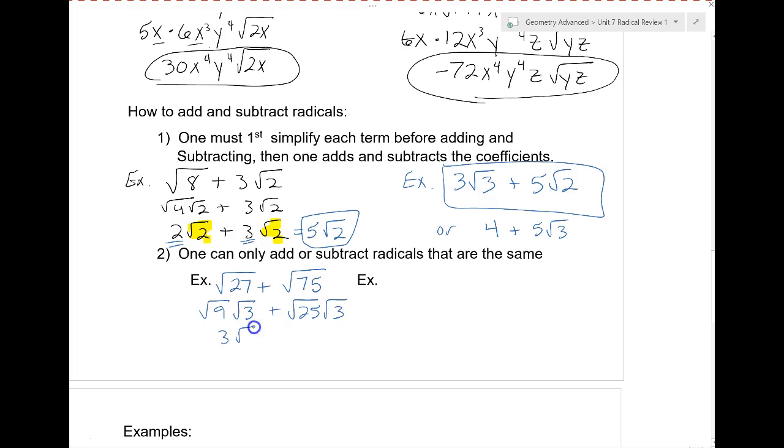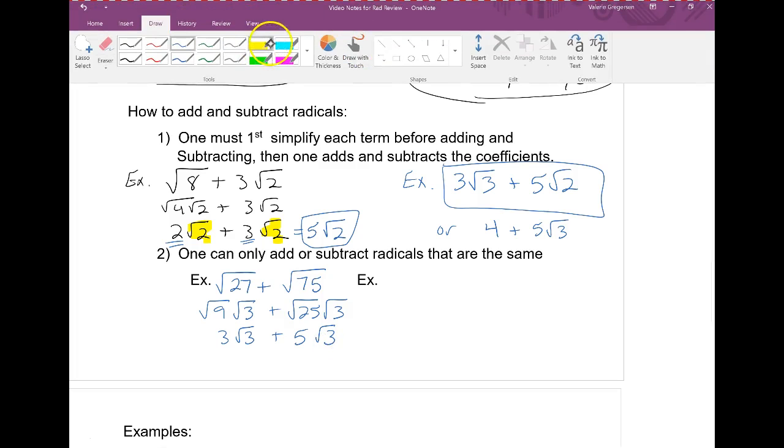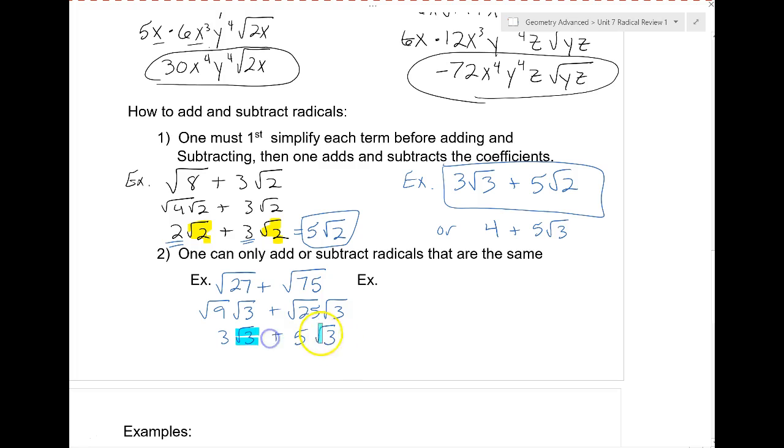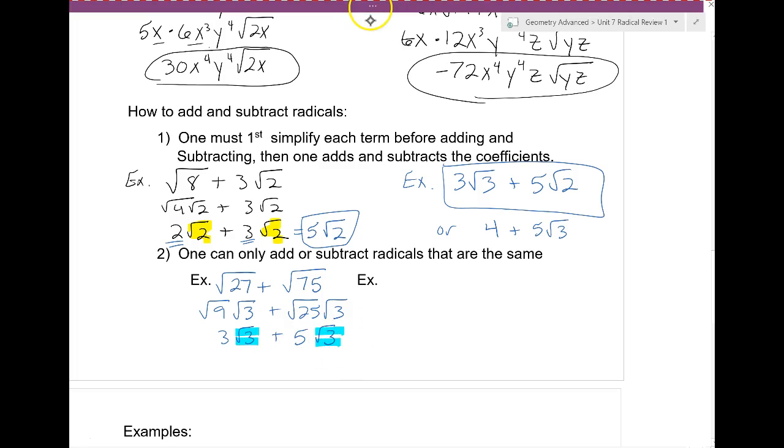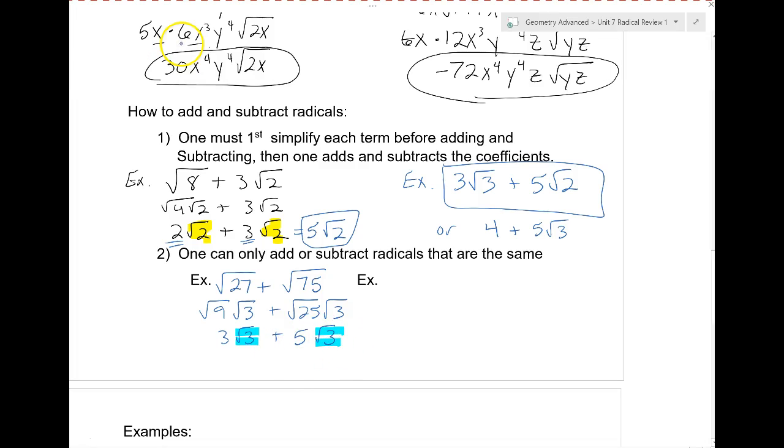So I get 3 root 3 plus 5 root 3. Well, my radicals are now the same because remember these are totally staying the same. And then what do I get? I get 8 times the square root of 3 because 3 plus 5 add. Pretty easy. Nice. Not a big deal.